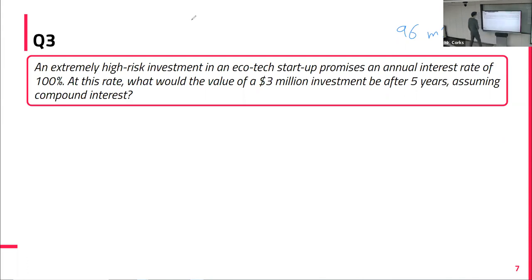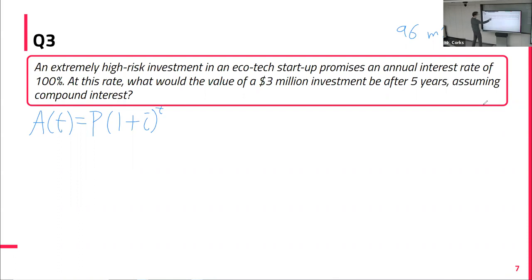All right, so let's take a look. What kind of situation are we dealing with? Compound interest, what's that formula? Okay, so close the brackets, then exponent t here outside the brackets.